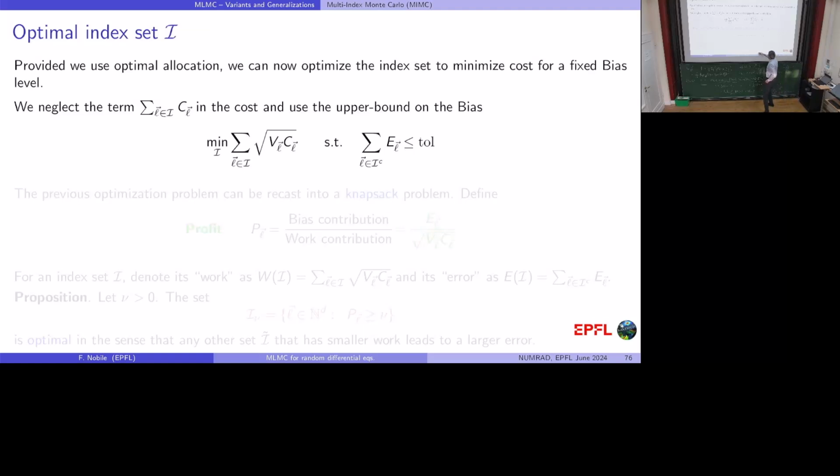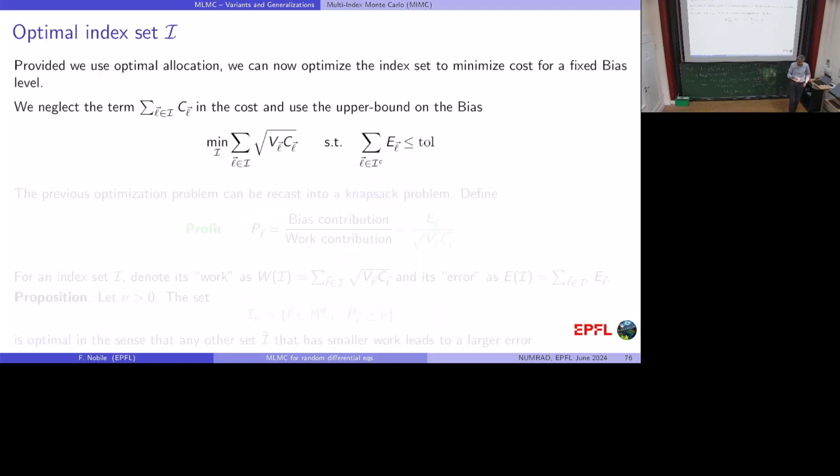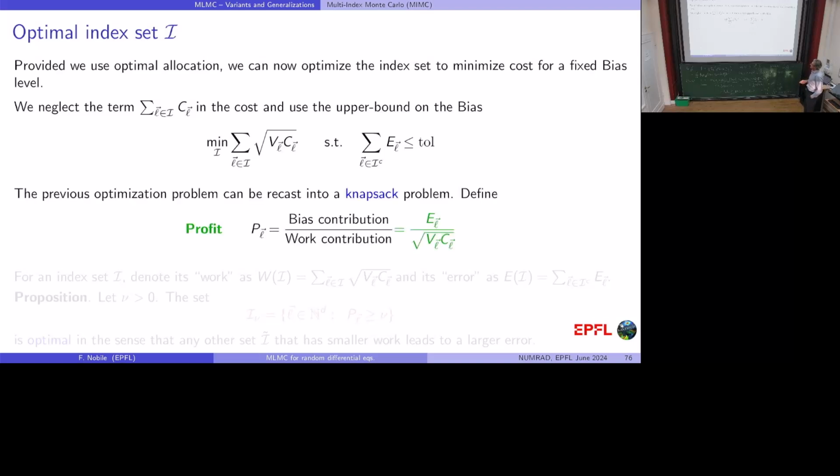Minimizing this cost is equivalent to minimizing the square root of this cost, so throw away the square, just to simplify the calculations. And then this is a nice optimization problem. It can be recast into a knapsack optimization problem.